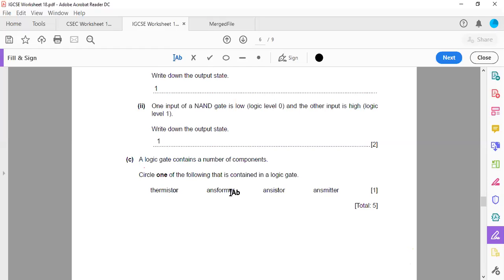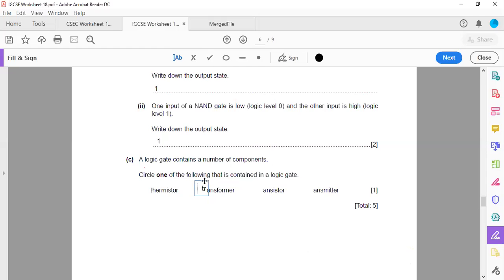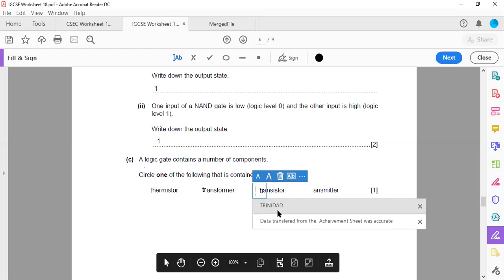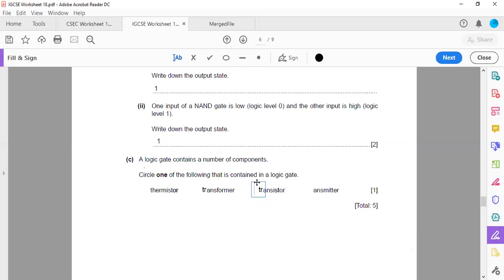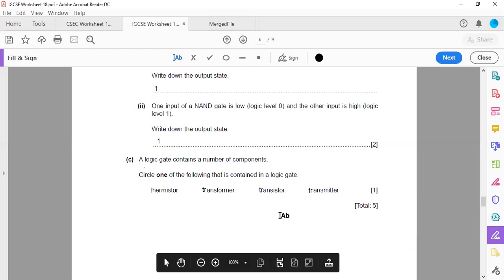Circle, well, this should have been transformer here, TR. I don't know how that came out like that, but whatever. Here should have been TR again, transistor. Which one of these do you think is contained in a logic circuit?